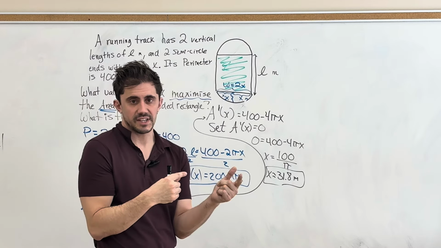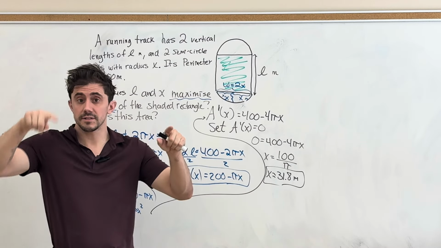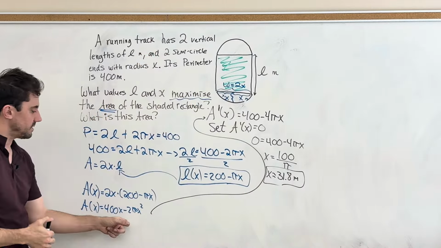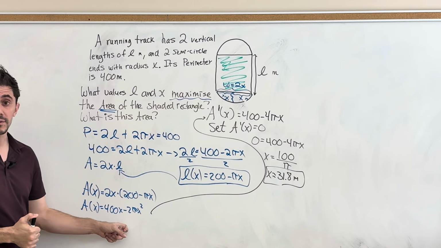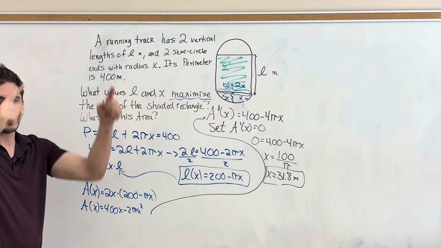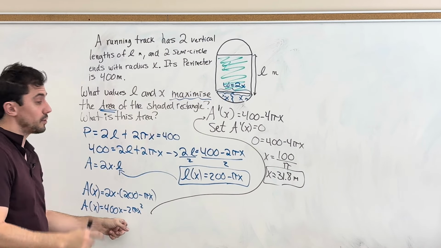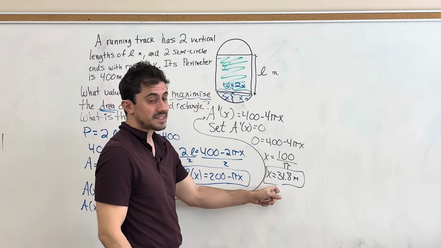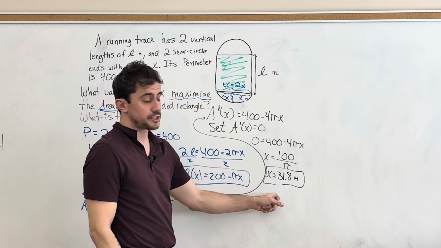We could do a second derivative test to see if its concavity is downwards, meaning that we would have a maximum point at the top. Or also, if we simply take a quick look at what function we're working with, we know that this is a downwards opening parabola, meaning the critical point will be a maximum at the top. And so that means that this x value maximizes our area function.